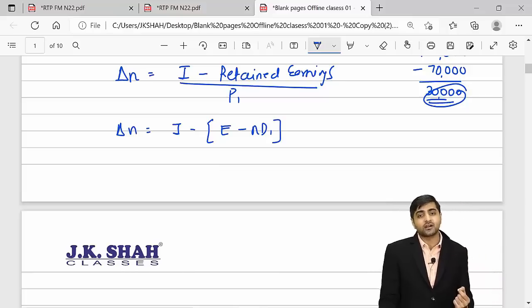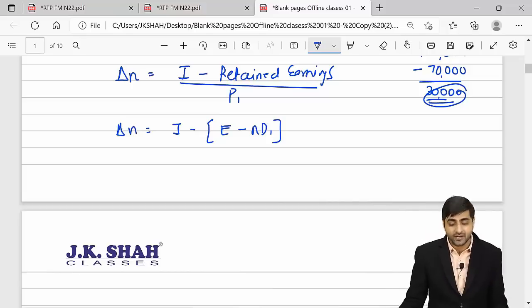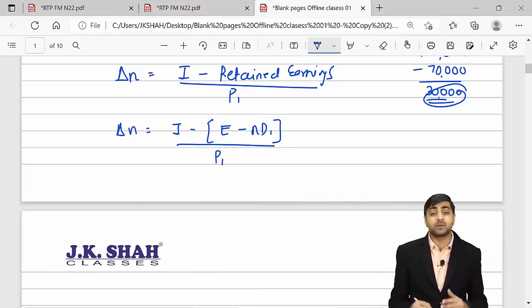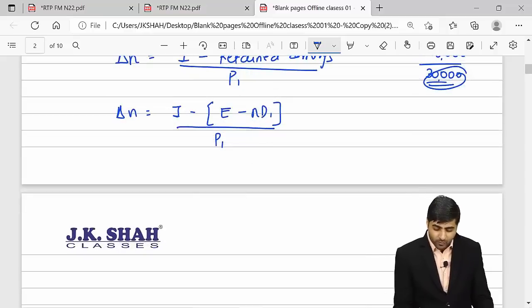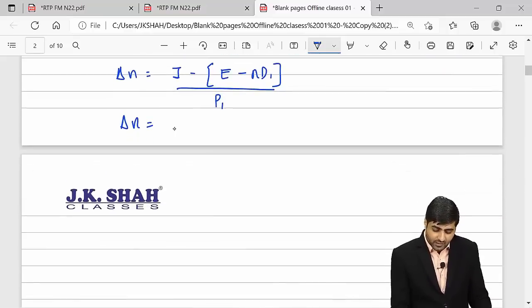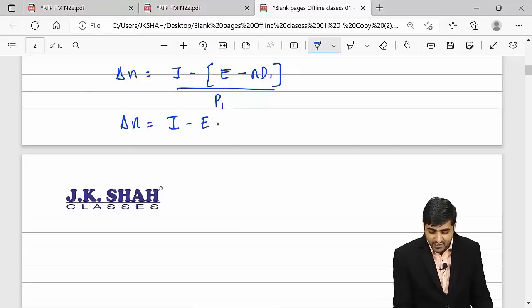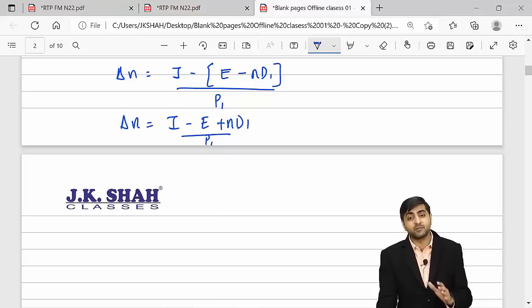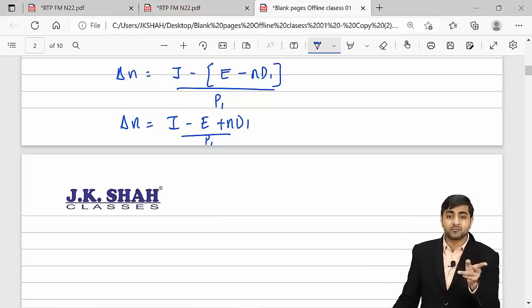So from your earnings, if you subtract your dividends, what you actually get is your retained earnings. And now if I divide this by P1, I will definitely get my change in N. So if I open up this bracket, change in N will be nothing but I minus E plus ND1 upon P1. Can I say your change in N will be investment minus earnings plus ND1? If that bracket is open, your signs will change.